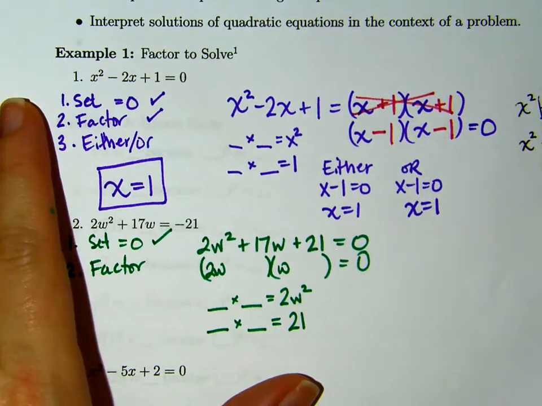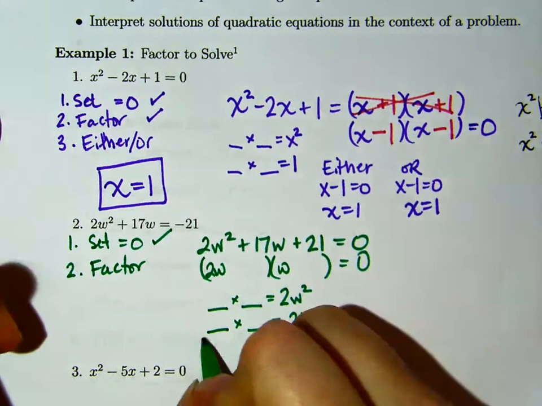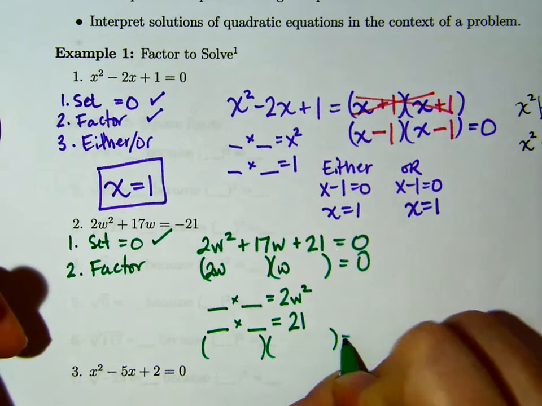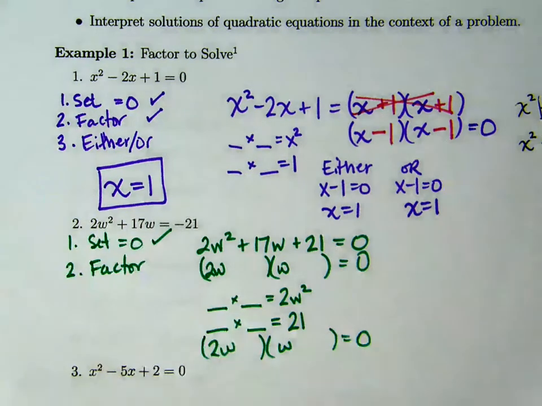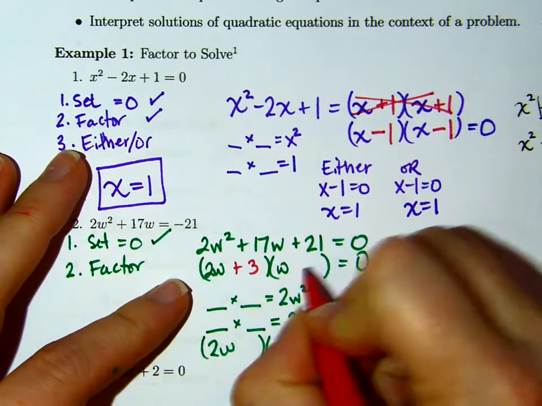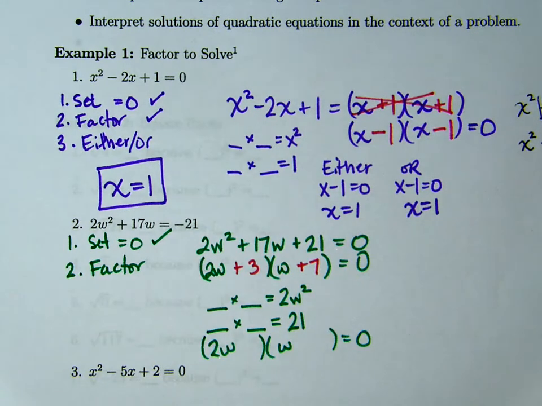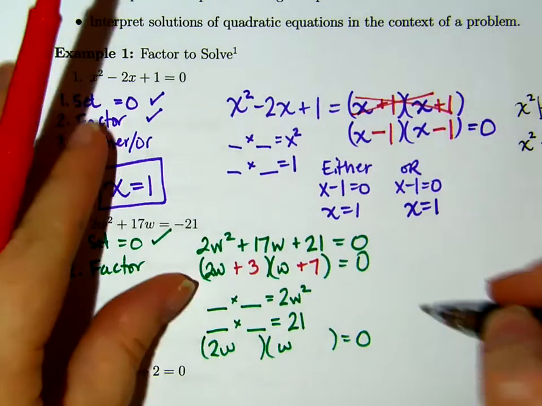Okay, so here we go. I just like to get myself prepared for being wrong. Okay, so my initial guess is that positive 3 by positive 7 makes positive 21. And then we check it, right?